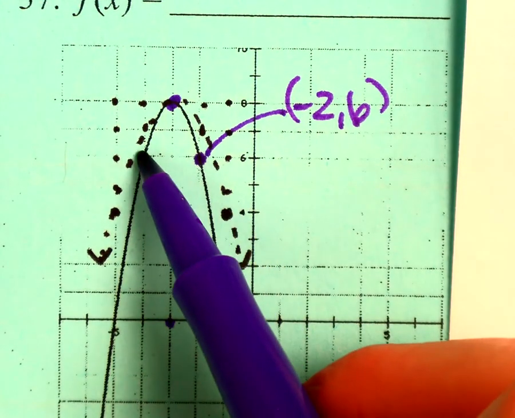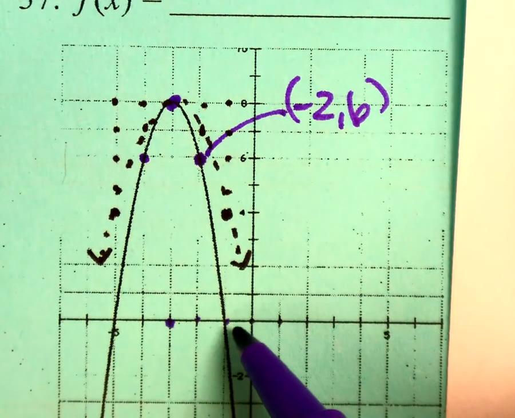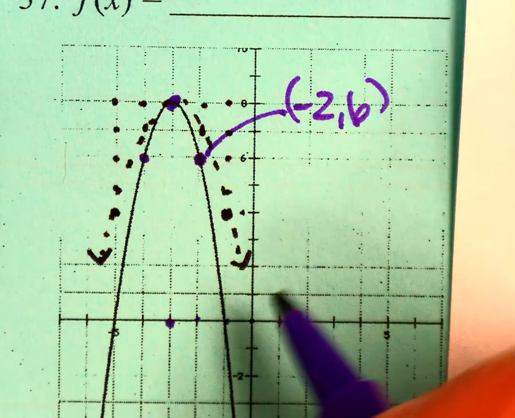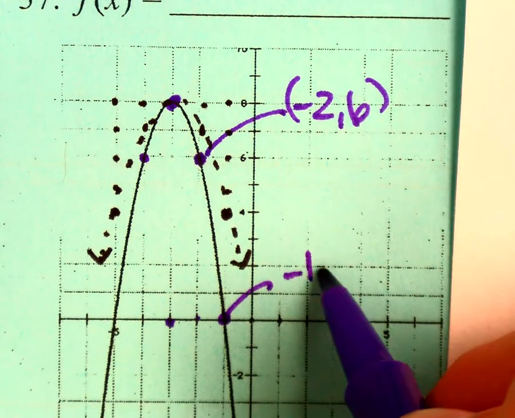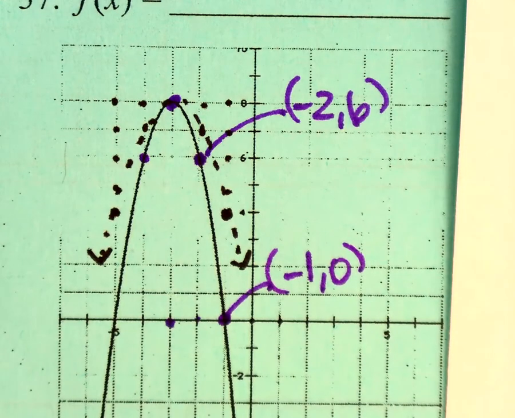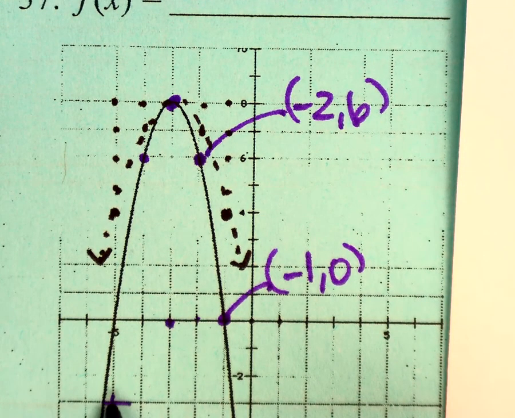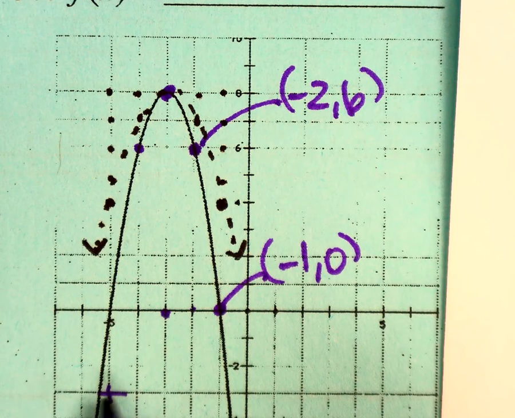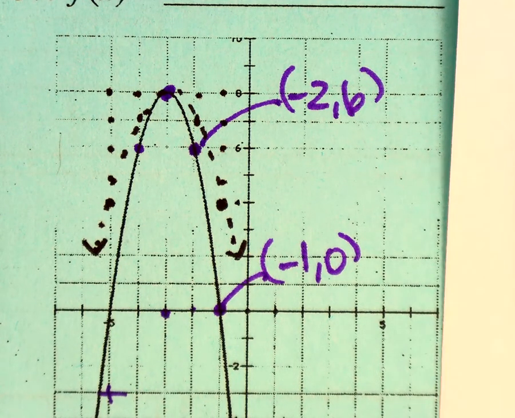I could use the mirror image of that point. I could also use this one down here as well of negative 1 and 0. So wherever your graph goes right at a nice, neat intersection. Okay, like that would not be a good point because we are clearly off the graph. I'm looking at this going, okay, negative 1 and 0 might not be too bad.